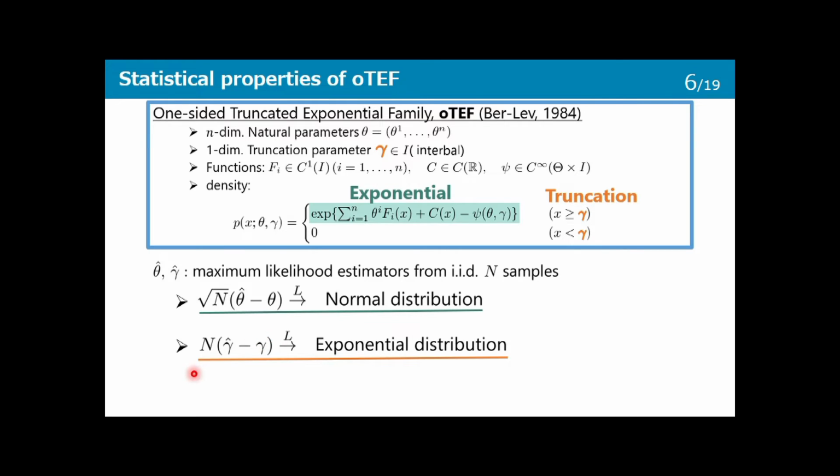However, n times (gamma hat minus gamma) converges to an exponential distribution. This result is different from regular cases. Then the behavior of parameter gamma is somewhat special.